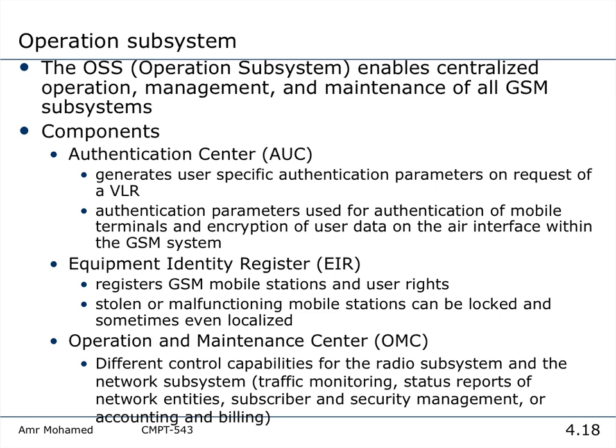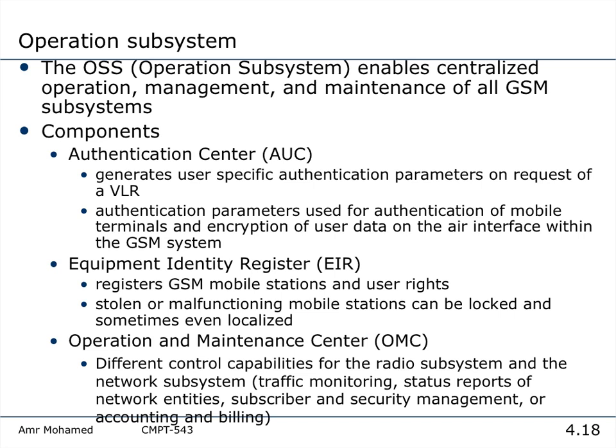So what if a mobile station tries to send more than that? The mobile station is granted access as long as it follows certain traffic policies and network policies. If a mobile station misbehaves, then it violates certain policies. Then I may have to move the mobile station to a blacklist or stop the access. So this is managed by what we call the operation and maintenance center.